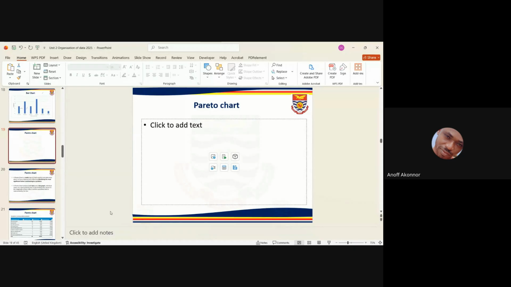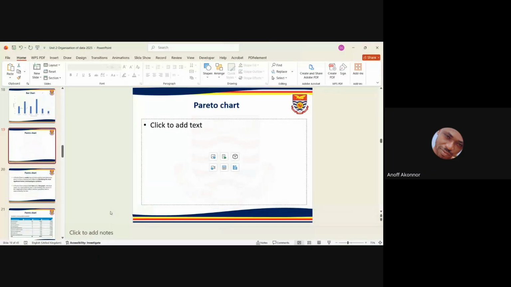Okay, so we have learned that the Pareto chart is also a way that we can display data that we collect when we are doing our research. And like our sister said, it comes from the principle that 80% of effects come from 20% of causes.